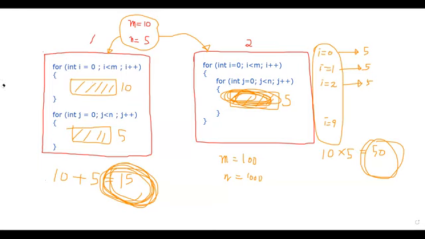Maybe some of you think, what if I have 100 lines here, 200 lines here, maybe 50 lines there? If code 2 has a much smaller number of lines, then it will be faster.